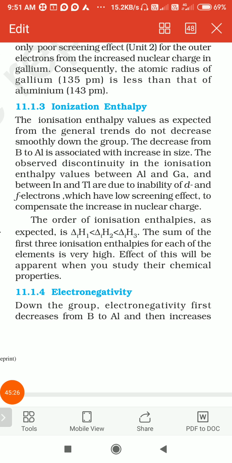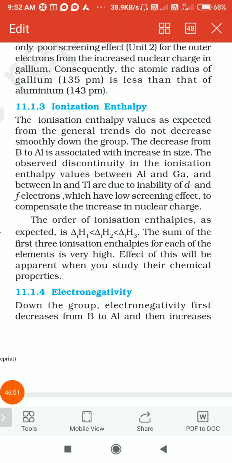Ionization enthalpy increases, due to the strong attractive force between the nucleus and electrons. If you are removing an electron, a high amount of energy is required. Only then can you remove the electrons. So that's why ionization energy gradually increases in a period.